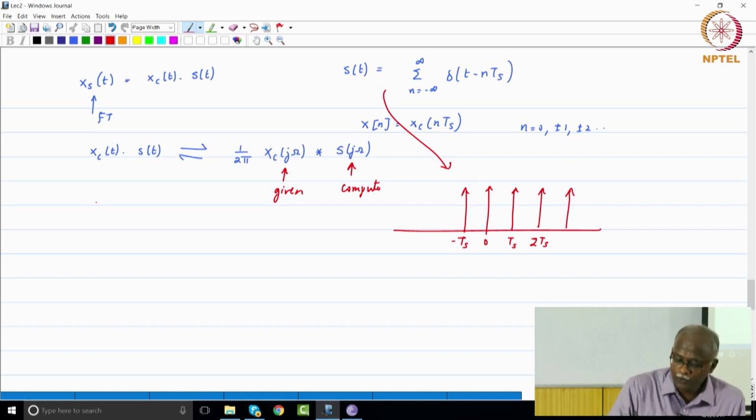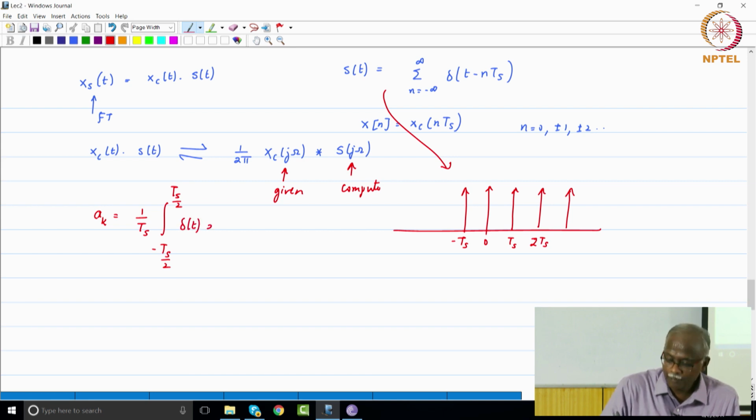So the first step would be the computation of the Fourier series coefficient: 1 by Ts, integral from minus Ts by 2 to Ts by 2, delta of t e power minus j k omega naught t dt, where omega naught is my fundamental frequency, that is 2 pi over Ts.